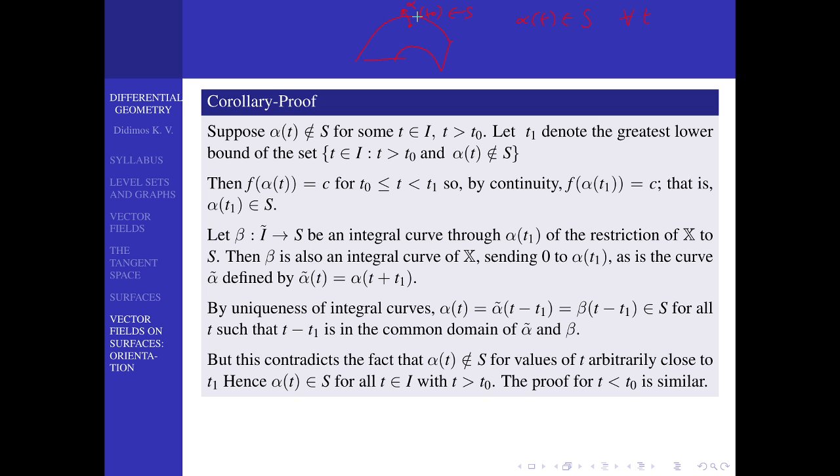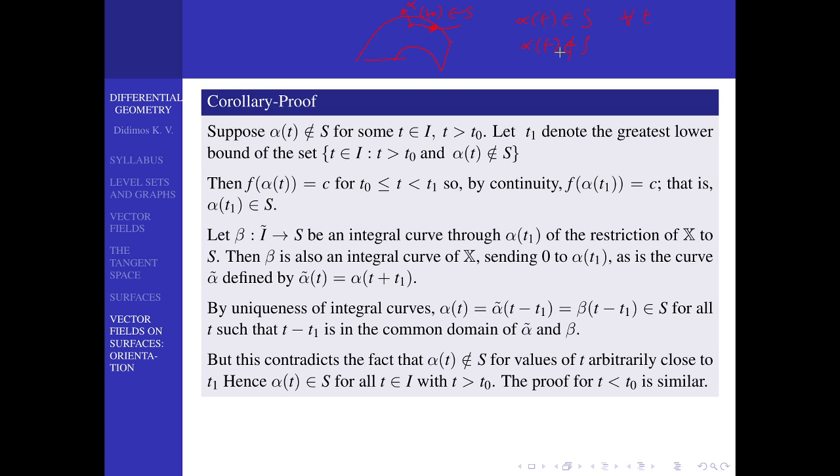We know that alpha of t naught belongs to S. Now suppose that there is some point alpha of t such that alpha of t does not belong to S. So after this the integral curve passes like this. Then collect those points.